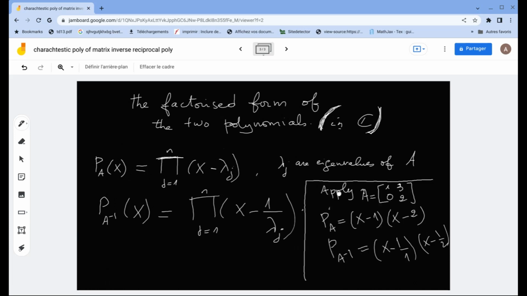So if I apply this to the matrix A, the spectrum of A is 1 and 2. The eigenvalues are 1 and 2. So the characteristic polynomial of A is x minus 1 times x minus 2, and the characteristic polynomial of A inverse is x minus 1 over 1 times x minus 1 over 2.